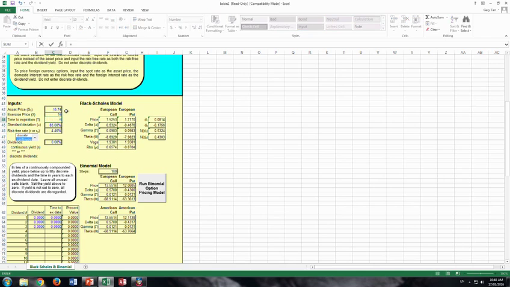Time to expiration was 86 divided by 365. Volatility was 17.78, and interest rate was 5%, with no dividend. So if you look at one period, which we assumed in the slide just now, and you hit run, you find that it's 62 cents.